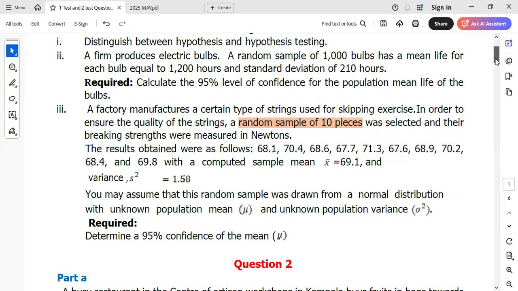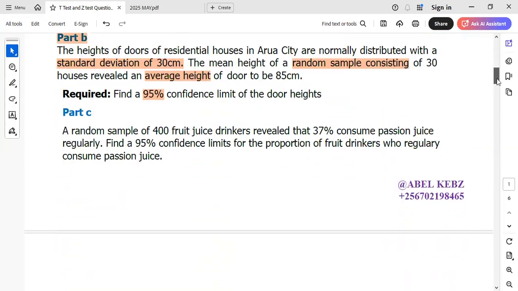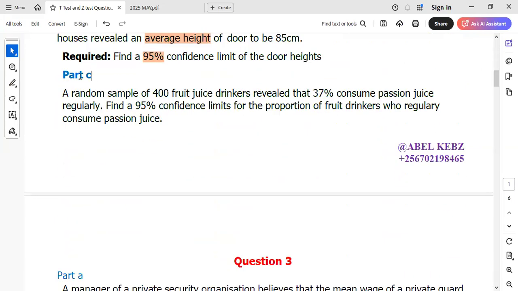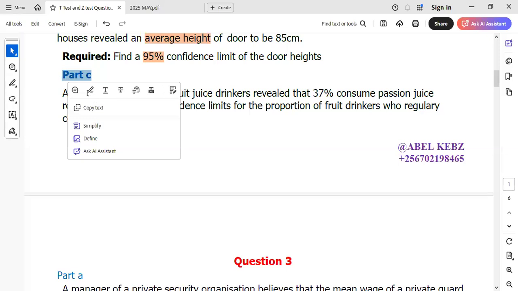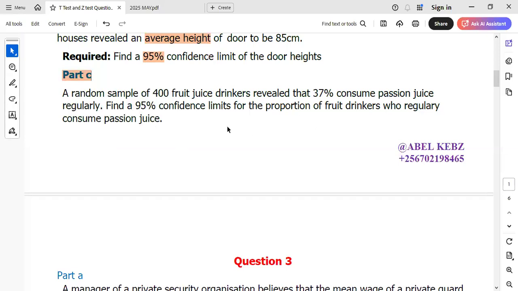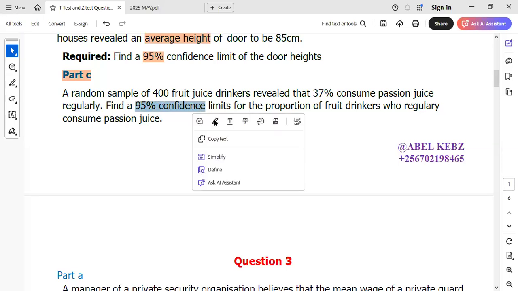Then we are going to see a scenario where you are given proportions. You see this part C? You are testing at 95%, but you're given percentages, 37%.